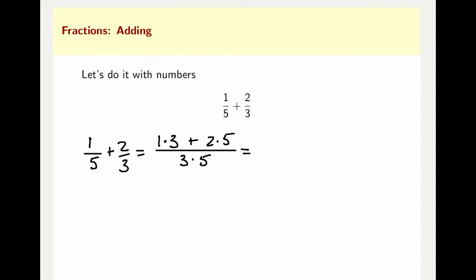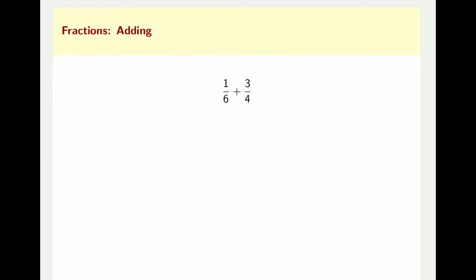This equals 3 plus 10 over 15, which is 13/15, and that's the answer. No common denominator, no thinking, worrying, wondering how to figure out a common denominator. Just do it this way and you're done immediately.